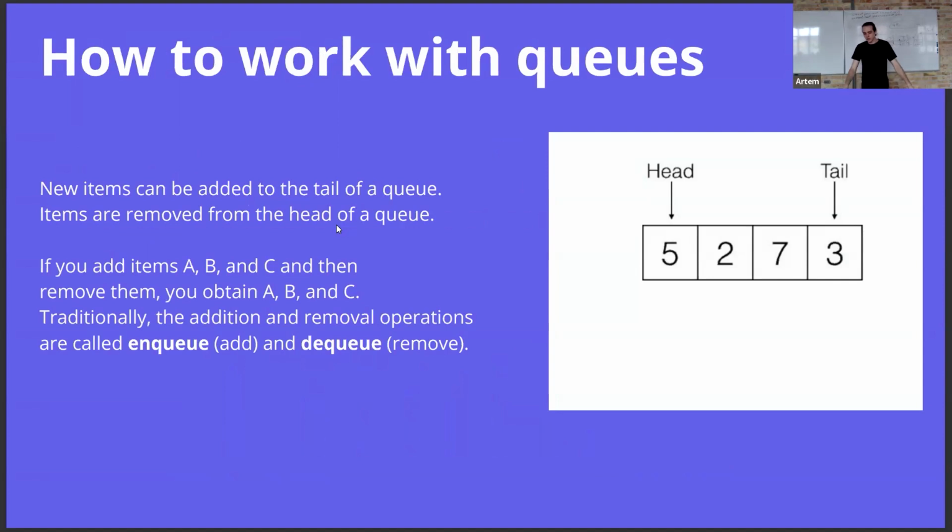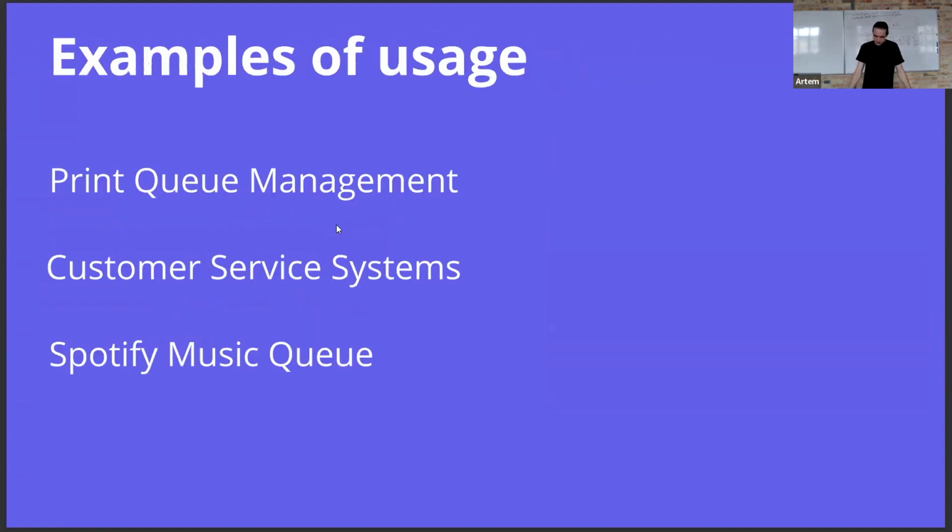In queue, we also have two methods, enqueue and dequeue, like push and pop. Here we have add operation enqueue and remove operation dequeue. Some examples of queues: print queue management.